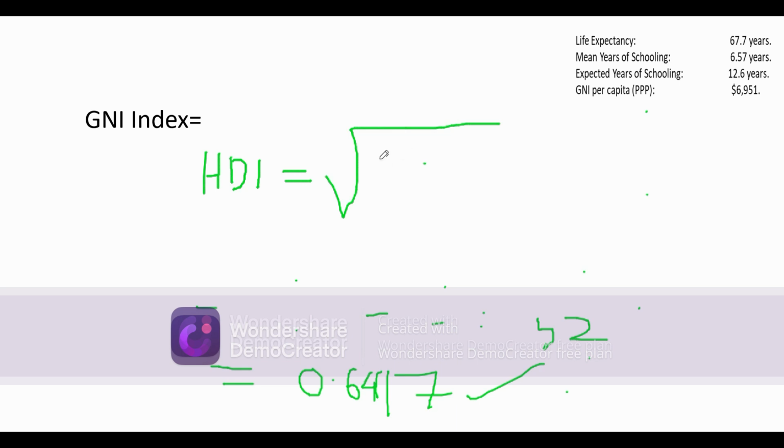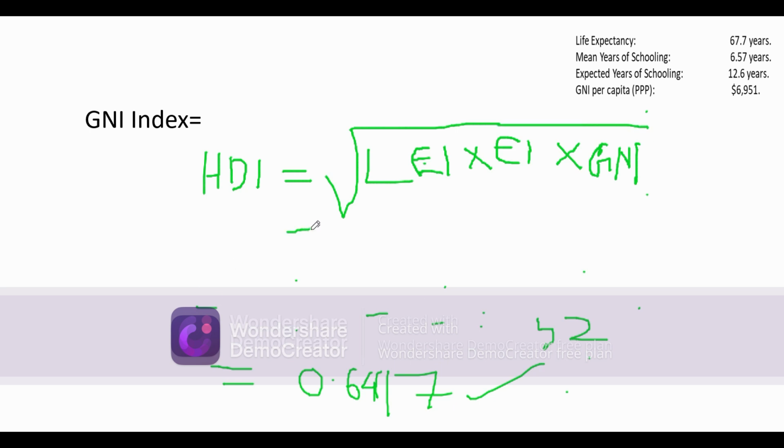We take the geometric mean of all the three dimension indexes, that is the life expectancy index into education index into GNI. So this is the formula. Here will be cube root.